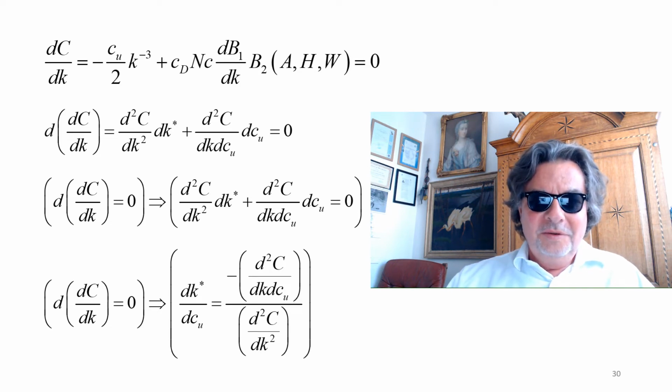This change in some parameter affects the first order condition, which means that we have to change the optimal value of k star. And when we have the optimal adjustment, the first order condition is again satisfied. This way we can determine the derivative of the optimal decision k star with respect to the parameter.